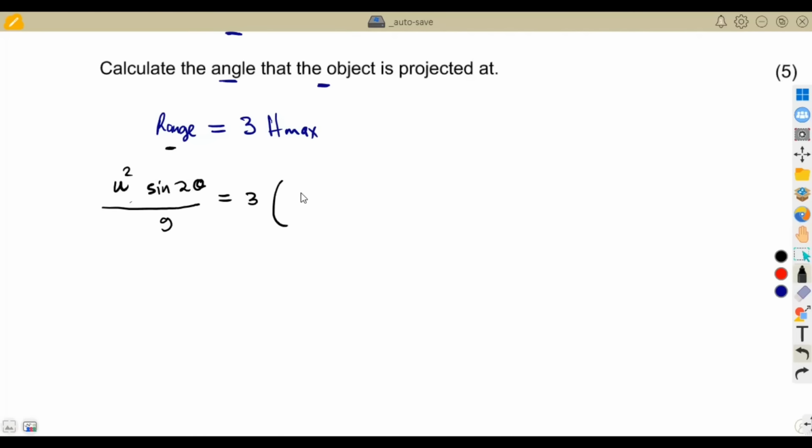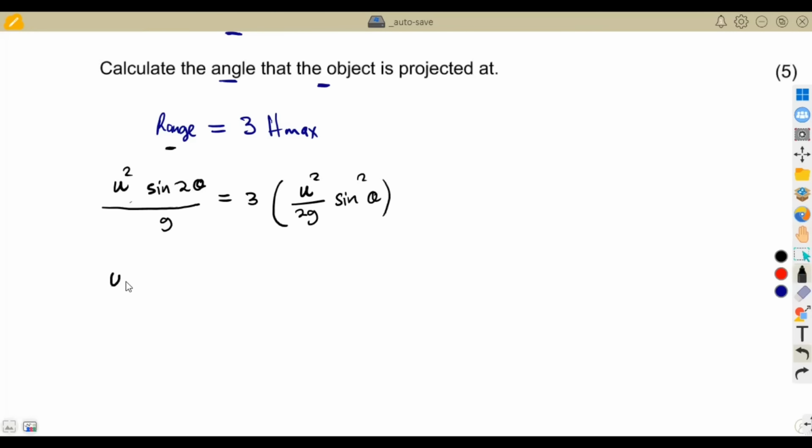We said our maximum height is given as u squared over 2g sine squared theta. That is what we have from those formulas. There is no need for us to even apply the initial velocity here, because our question is to calculate the angle. So let us just multiply by 3 and see what is happening here.